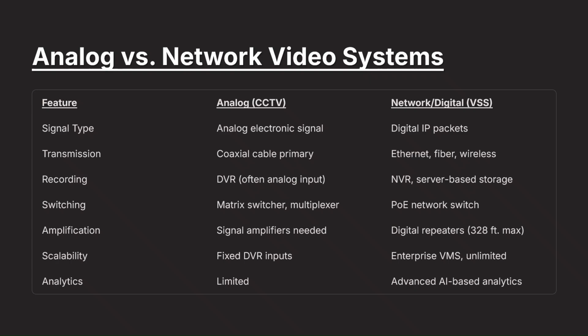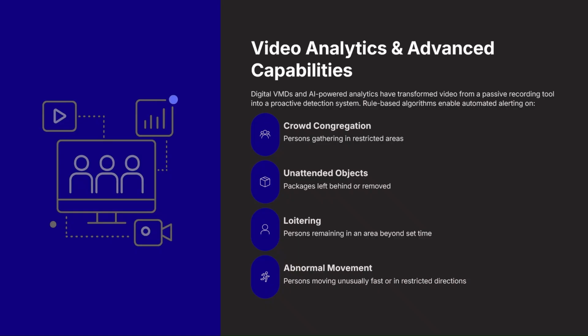These systems support higher resolution, remote access, and advanced video analytics. While analog systems still exist, modern security environments increasingly rely on network video systems due to their flexibility, scalability, and integration capabilities.